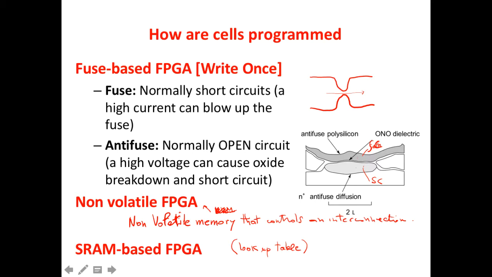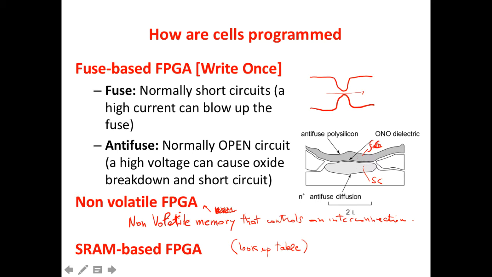There is also the, let's say, complementary solution. It typically depends on the company and on the type of chip, in which you have an anti-fuse solution, which means that typically you have a circuit that is open, and that with a high voltage you can close. This is the example. This is just a picture. You have two lines, this one and this one, that are separated by a thin dielectric.